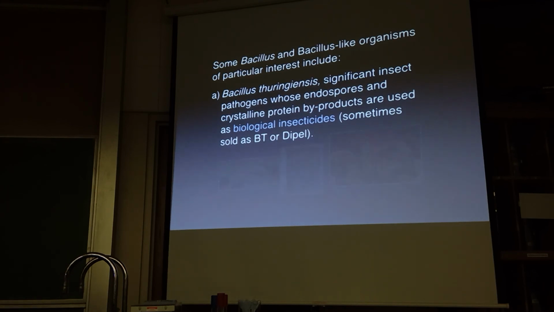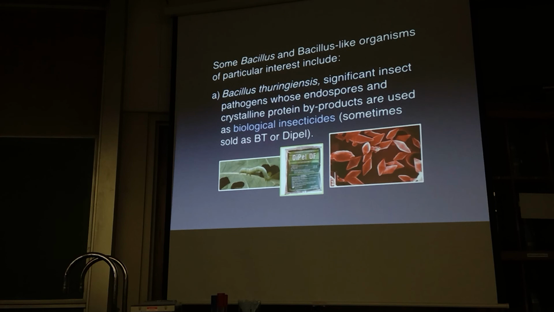It can be used to kill mosquitoes in water as well. If you put it on plants, what it's going to kill are the insects that produce butterflies and moths. So the little cabbage butterflies that eat up your plants, you put BT on there and it kills them. But if you put it in water, it'll kill mosquitoes.